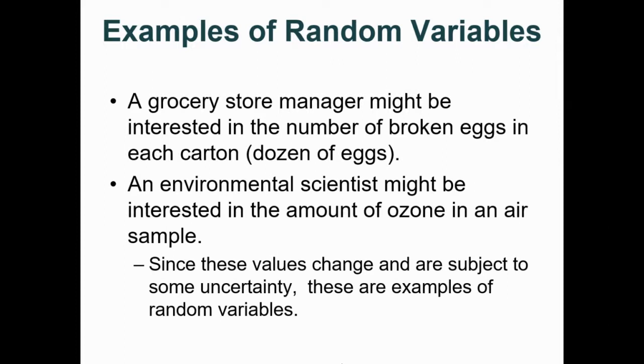Since these values change and they're subject to some uncertainty, these are random variables. The grocery store manager can't pick up a carton of eggs and say, without opening it, this carton has 3 broken eggs in it. How would he know that? He hasn't seen the eggs.